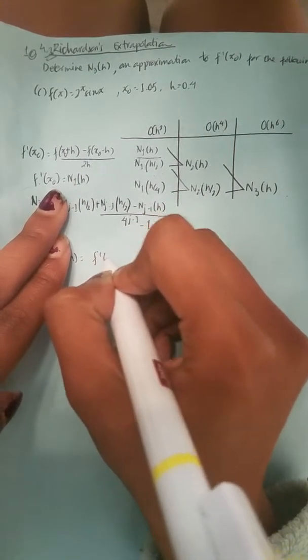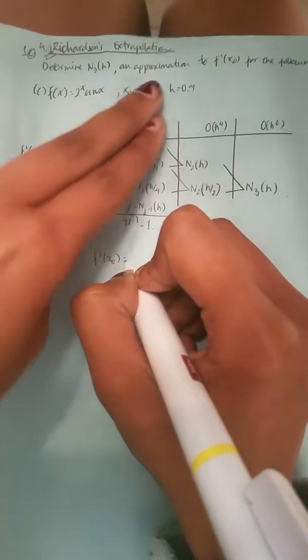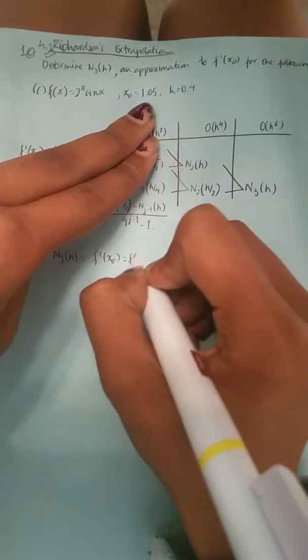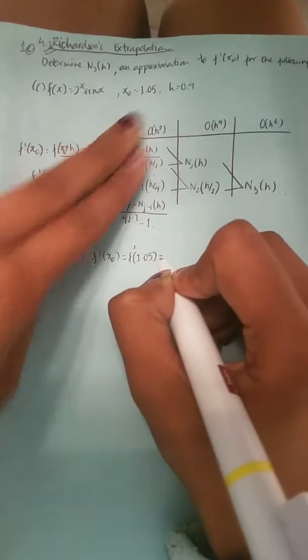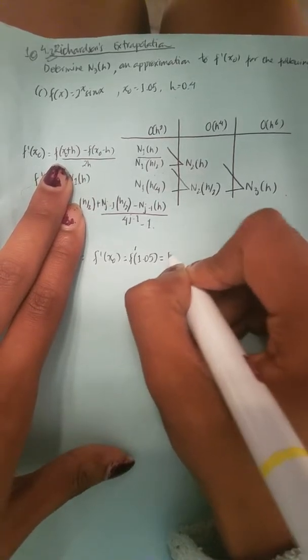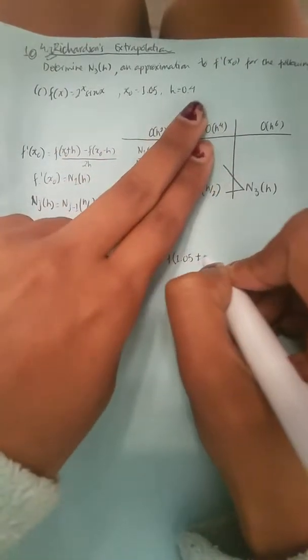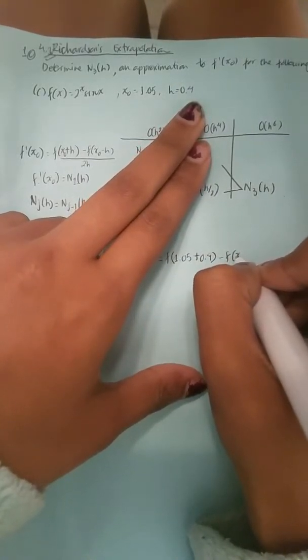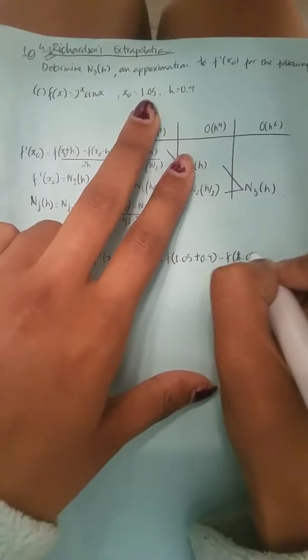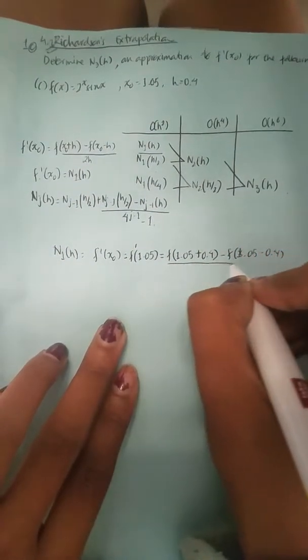So at first, we are trying to calculate N1 of h, okay? But N1 of h is actually f prime of x naught. So our x naught here is 1.05, f prime of that. And f prime of that formula is f of x naught plus h, here h is 0.4, minus f of x naught minus 0.4, over 2h.